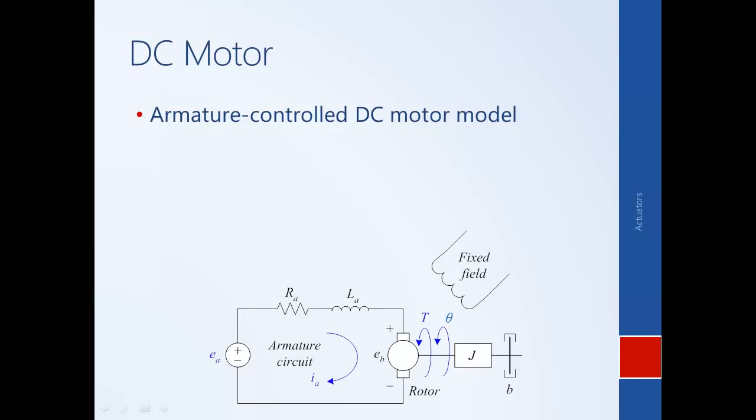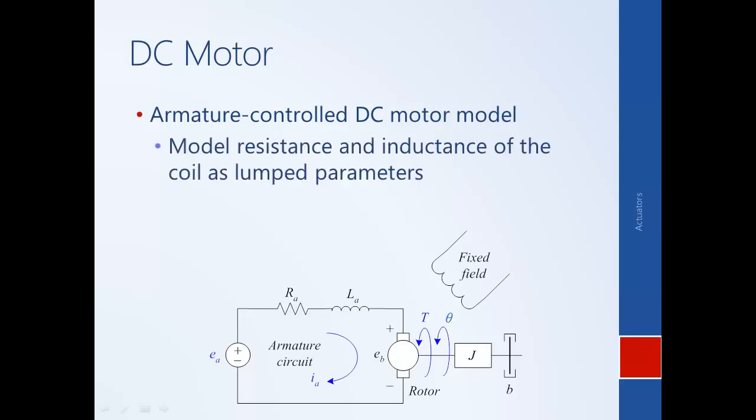In order to generate this mathematical model, we need to make some simplifying assumptions. And one simplification that we do is to employ a lumped parameter model. So this circuit represents the armature or the rotor of the motor. And as you recall, physically it's a coil of many windings of wire.